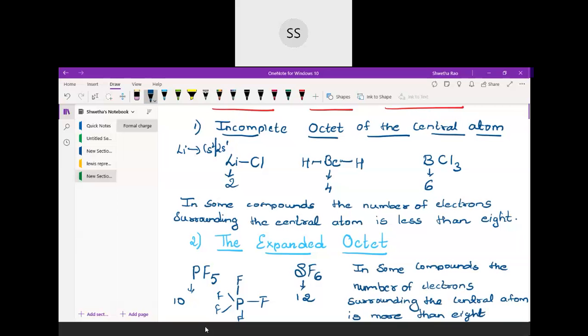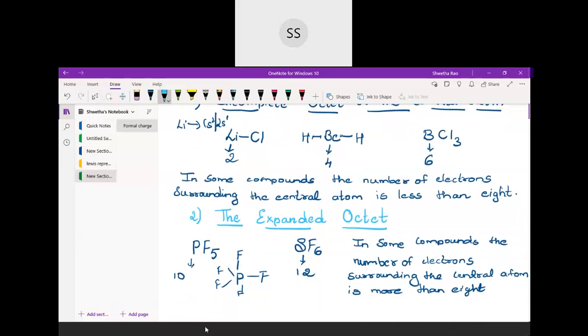Surrounding the central atom is more than 8. So you can remember 1 or 2 examples, that is enough.